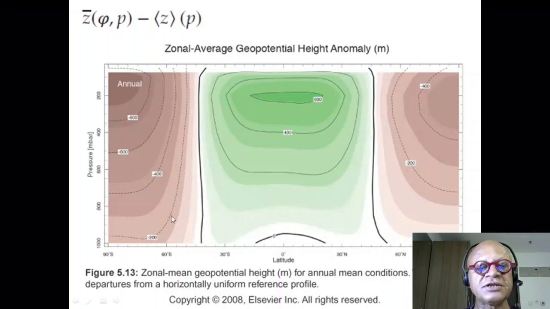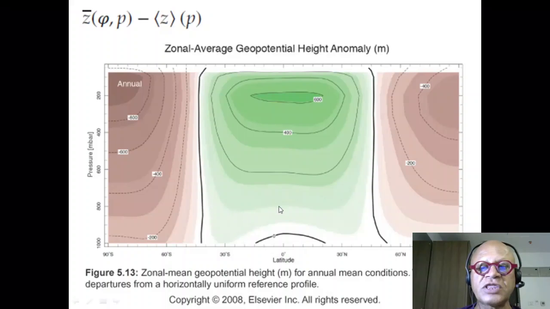So here a meridional section is again being shown for annual mean conditions. What is shown here is actually the deviation from the average geopotential height at each level. Here pressure coordinate is used as we are dealing with geopotential heights, and this goes from the southern pole to the northern pole. So at any given level, say 800 millibar, the average geopotential height is subtracted.